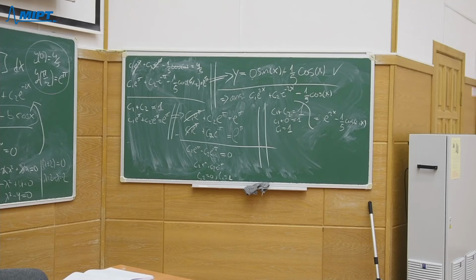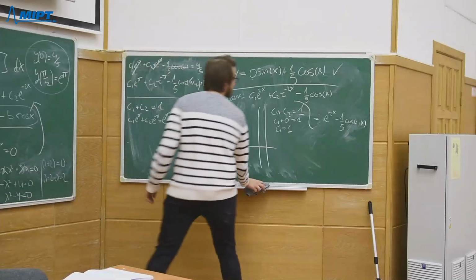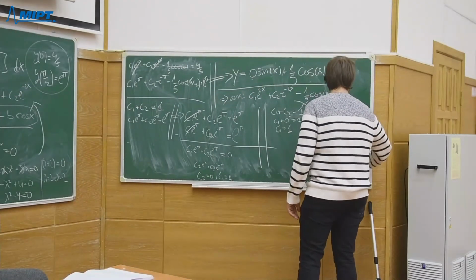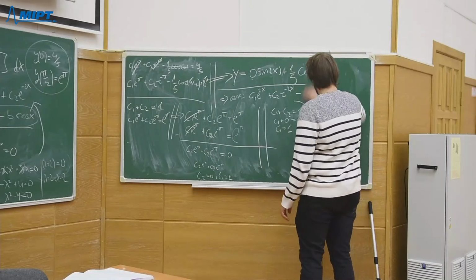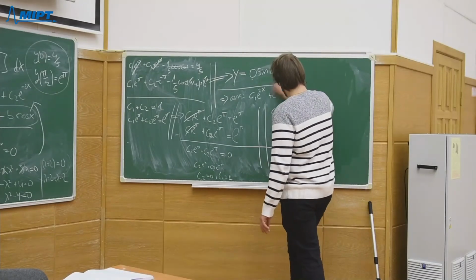Sine 2x divided by sine pi half, and then the last step is to show that it is actually a minimizer. Okay, let's do it, and after this, we will try to solve your task.